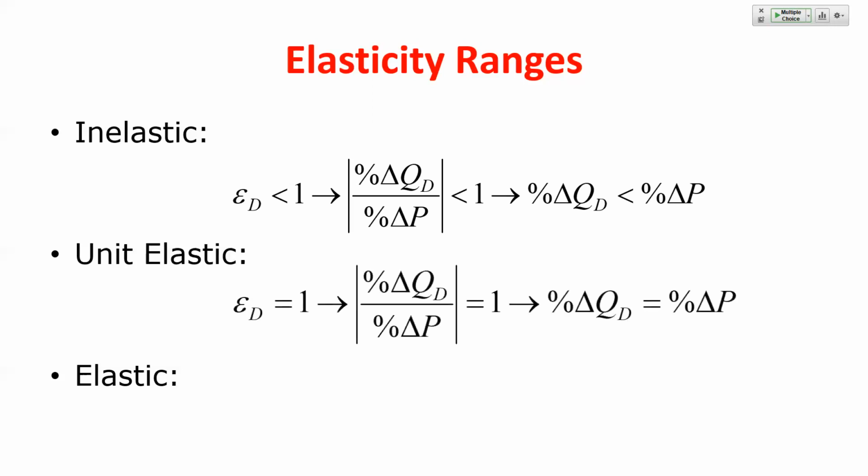So what if I have it be unit elastic? If I have elasticity of demand, instead of being less than 1, let's say it's exactly equal to 1. What's the only way I could end up with unit elastic demand? I'm looking at that fraction.